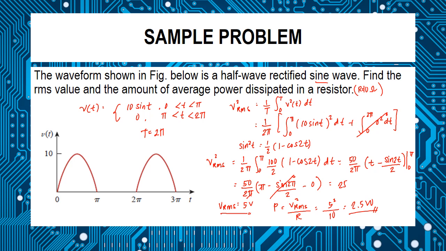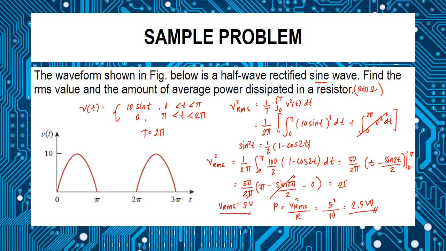Okay, so the RMS value is obtained. Instead of writing the square root, we can just put V squared RMS equal to 1 over T integral of V squared dt. So our period here is 2 pi.